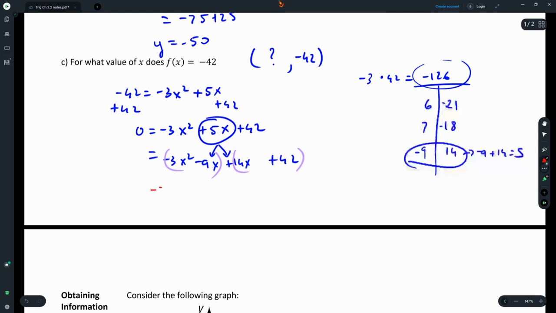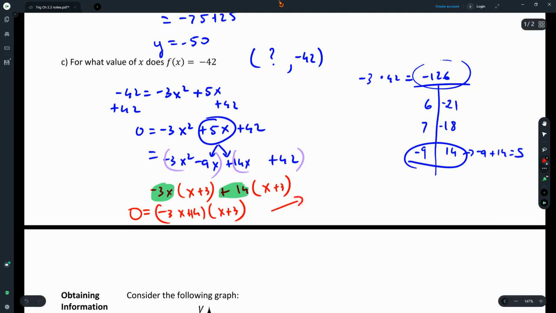So I take out a negative 3x, which gives me x plus 3 left. And then I'm going to take out 14, and I have x plus 3 left. So then I have these guys as one factor. So I have negative 3x plus 14, and then x plus 3 as my factors equal to 0.